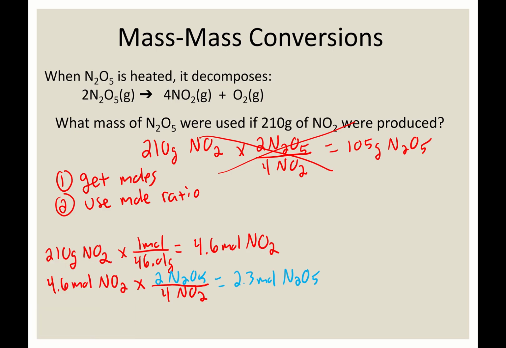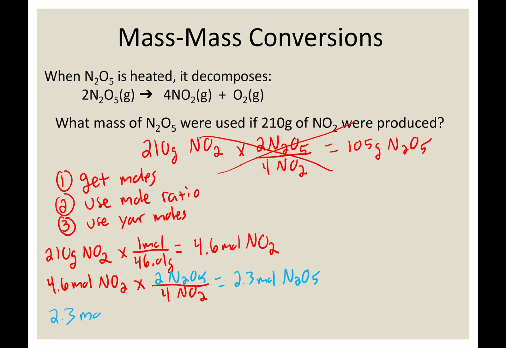Now that we have our moles of N2O5, we can use this to answer the question, which was what mass was used. So that's our third step here, use your moles. Once we've got our moles, let's go ahead and convert to what the problem is asking for. In this case, it's asking for mass.